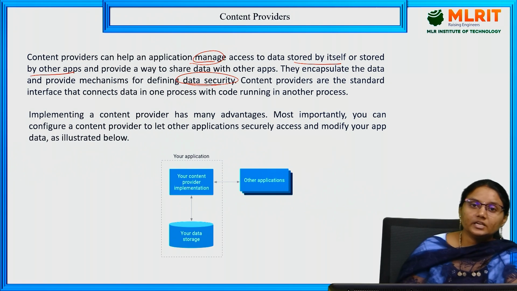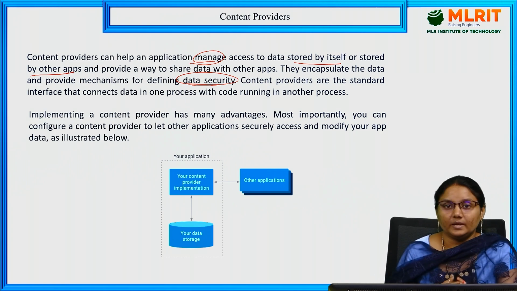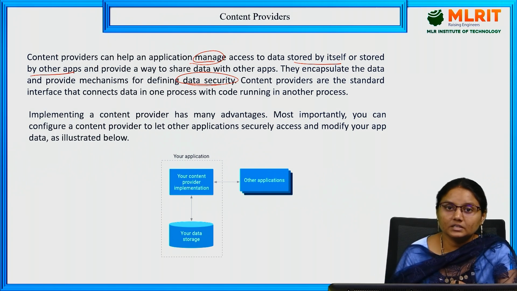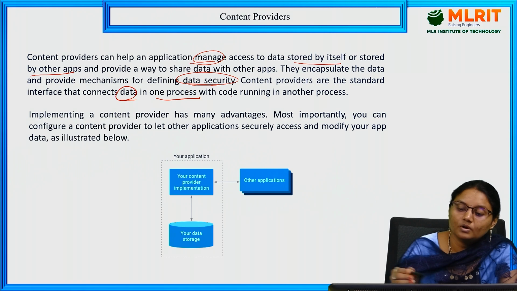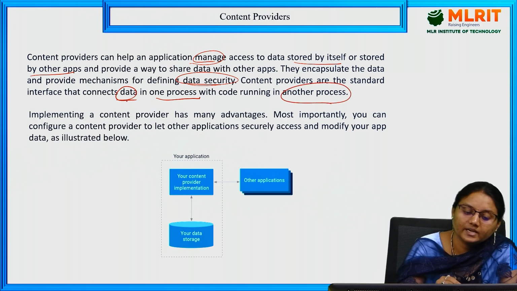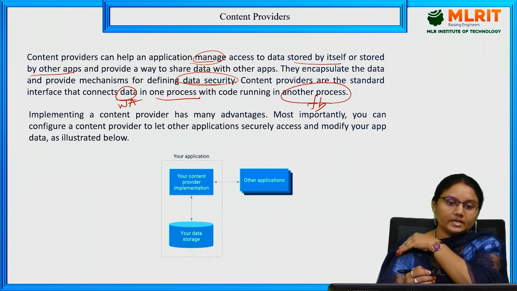That data sharing should be possible in a very limited way, because it should not affect the security or the privacy. So content providers are the standard interface that connects data in one process with code running in another process. Let us say this is WhatsApp and this is Facebook. The content or the story can be shared.